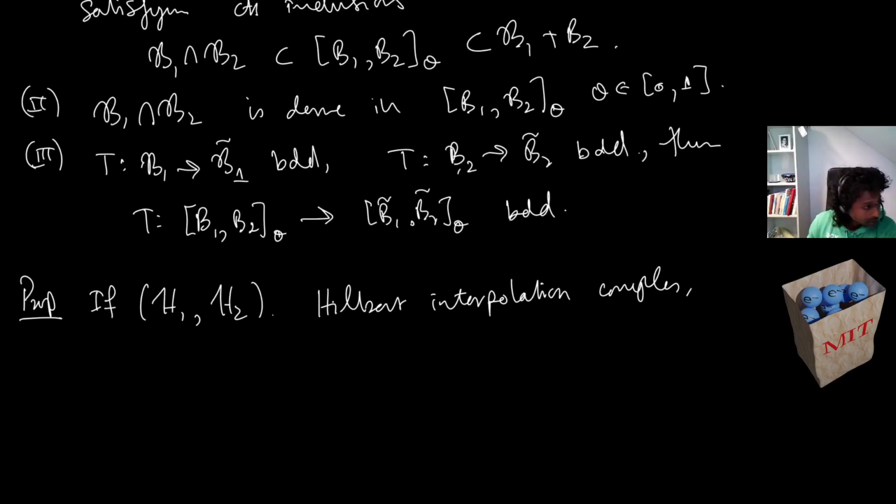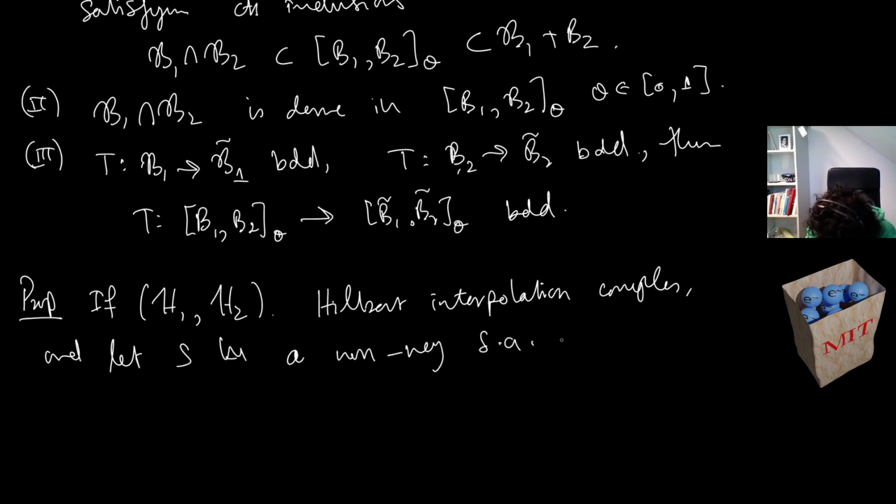So okay, let's take some Hilbert couples, and let S be a non-negative self-adjoint operator on H3. So H3 is the space that this interpolation couple maps into, okay?